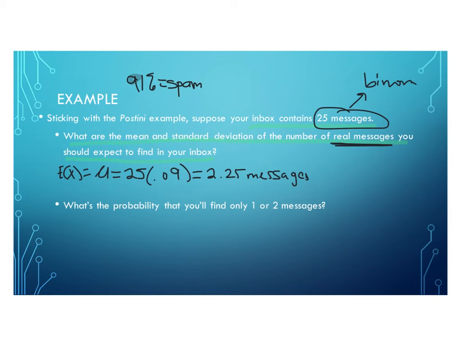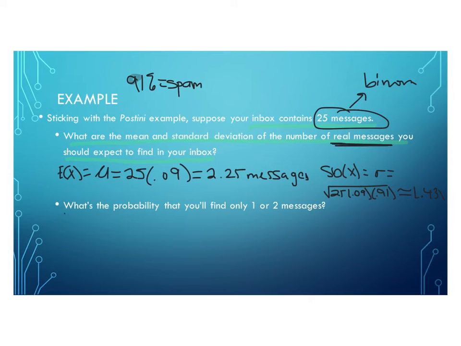Okay, and then to find the standard deviation of x equals sigma, which equals the square root of npq. So 25 times 0.09 times 0.91. And this does give you a decimal of approximately 1.431. And that's it.